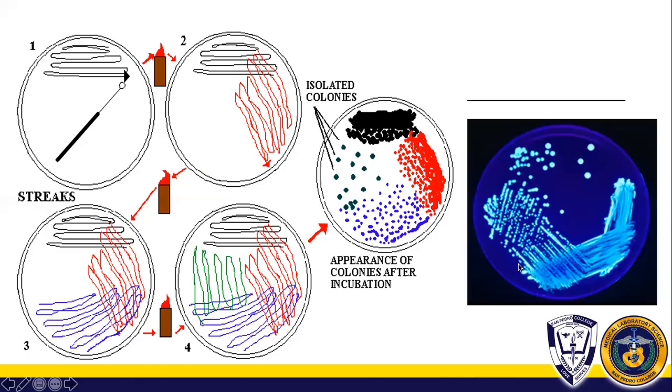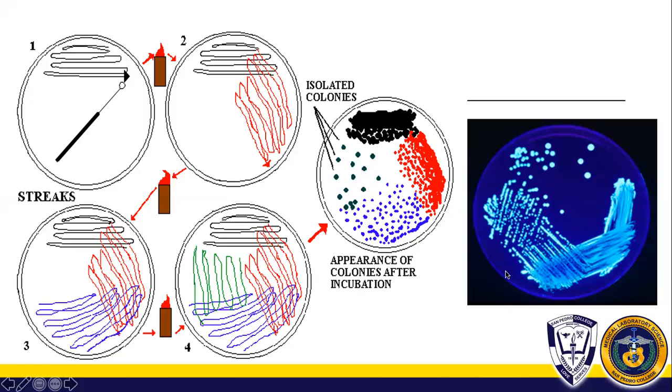You can actually see some separate colonies. And then this is the fourth quadrant, and then this is the fifth quadrant. You can actually see separate colonies because on the last quadrant, you'll be streaking a little more loosely to allow them to spread out, not as close as this one.